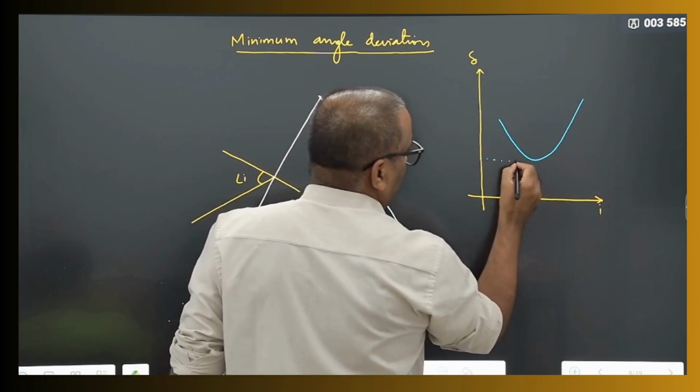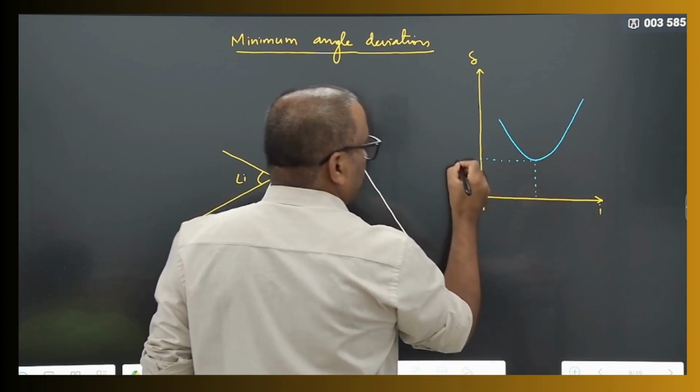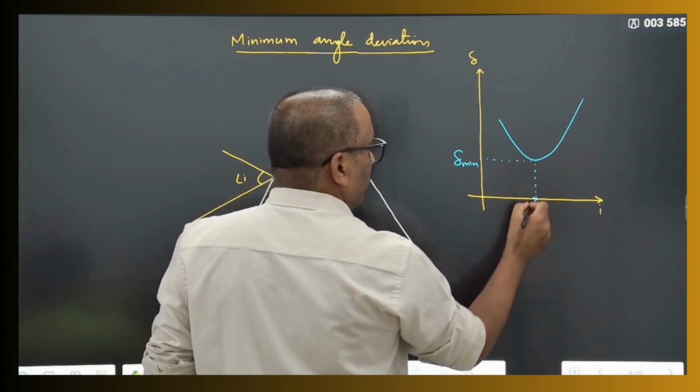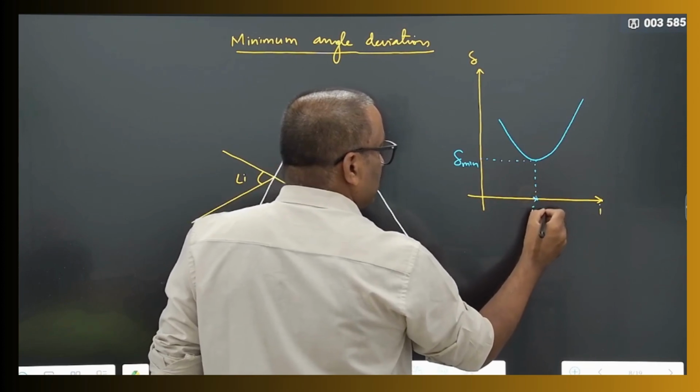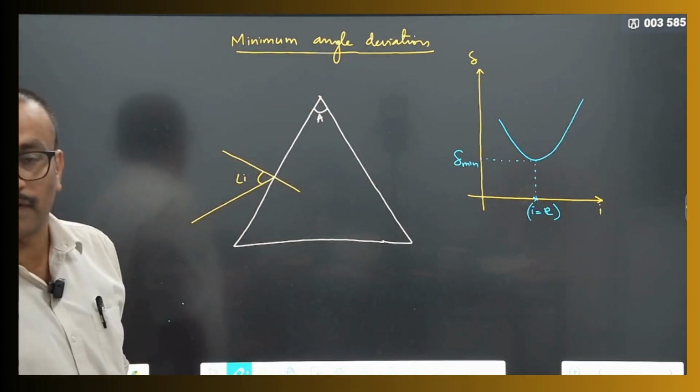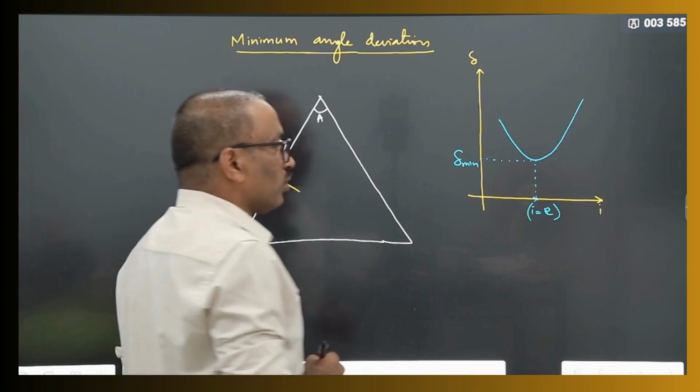Here the deviation is minimum. At this point, what can you write? The angle of incidence and the angle of emergence are both equal.